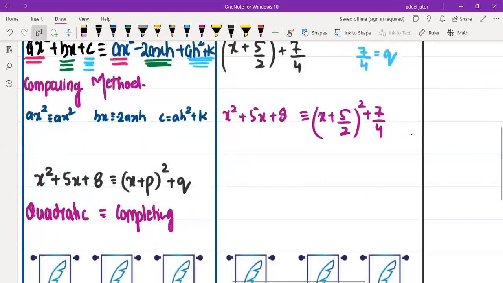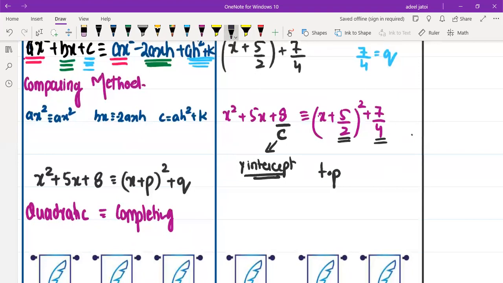Now, from the quadratic, you know that this 8 is c. So this gives me the y-intercept of the curve. This 5 upon 2 and 7 upon 4 will be the turning point.